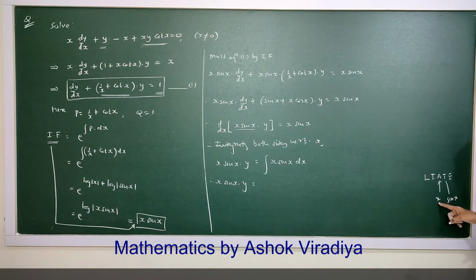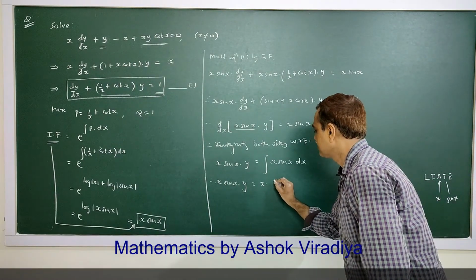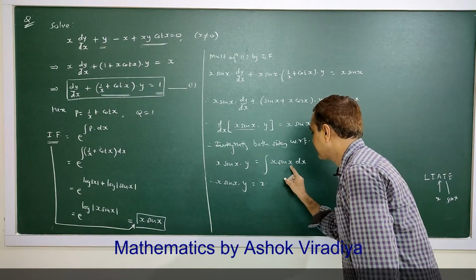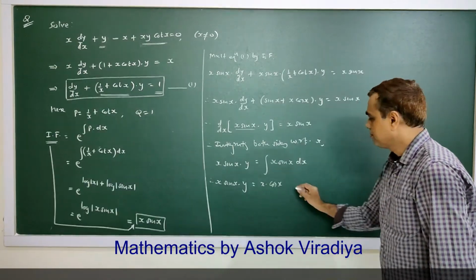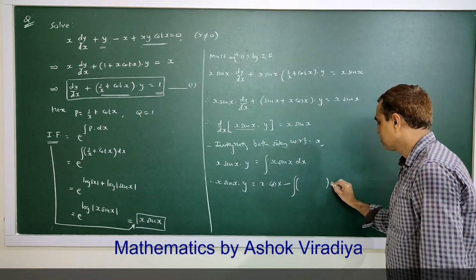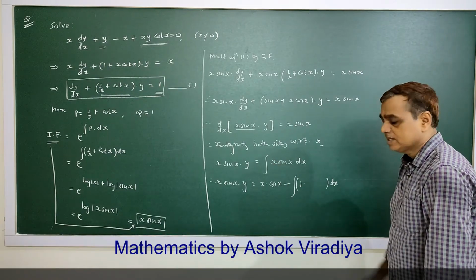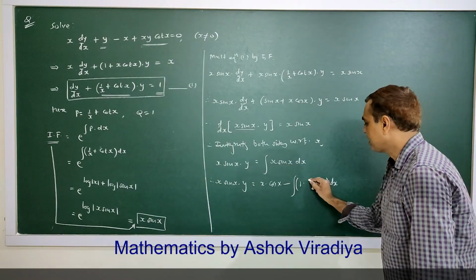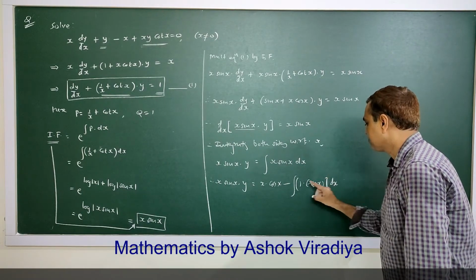This should be u, this should be v, and it is already in proper sequence. So applying u into v, u as it is, integral of sin x is minus cos x, minus integral of box, in box derivative of x is 1 and integral of sin x is minus cos x.